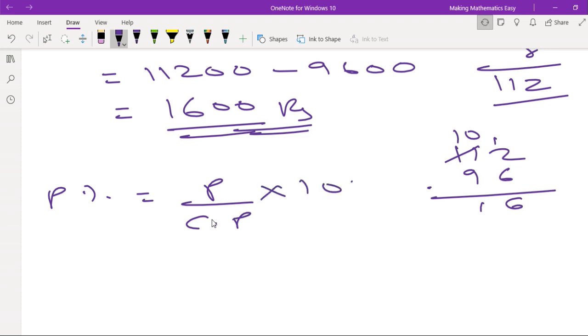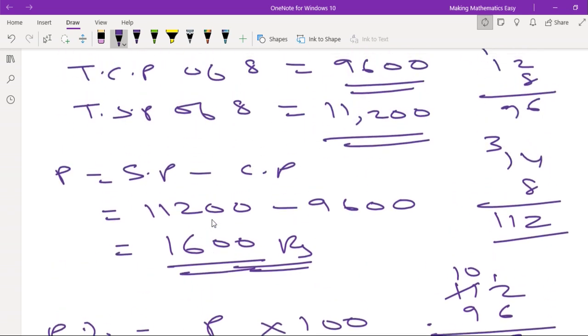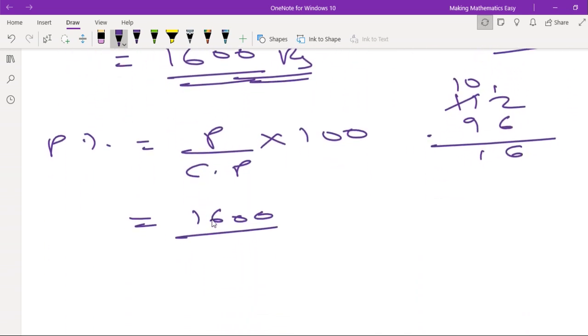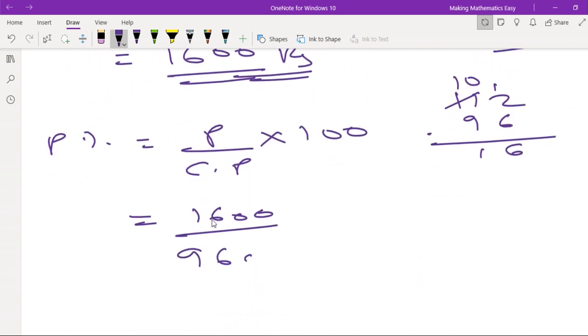Our profit percentage will be equal to profit divided by cost price into 100. Our profit is 1600, our cost price is 9600, into 100. These 00 get cancelled.